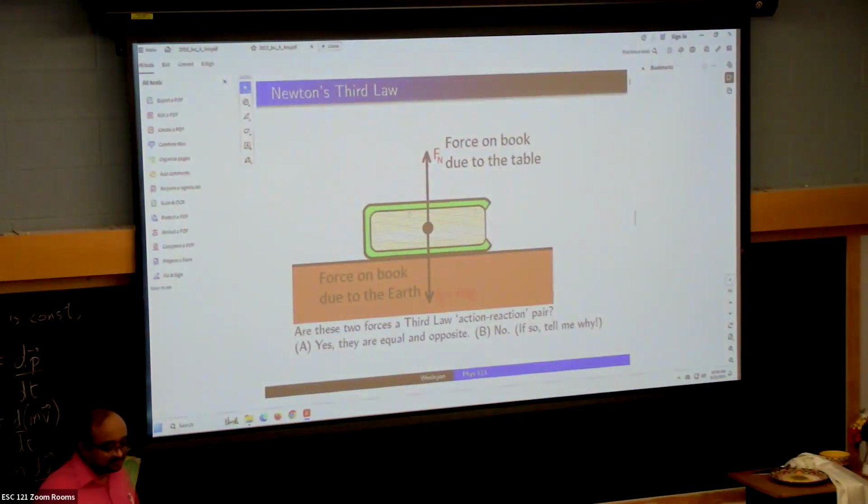Supposing I have a book on a table. You don't need more time?